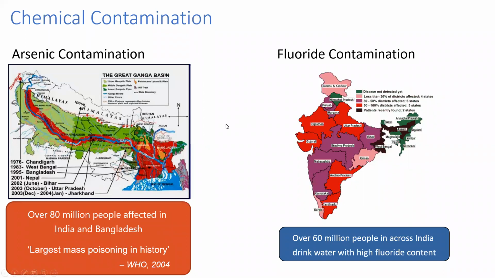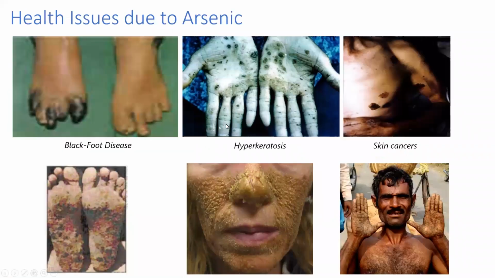So we'll see some of the diseases that are actually caused by arsenic and fluoride poisoning. I'm sorry, these images are really, very, very frightening. You can see the face and foot and palms.